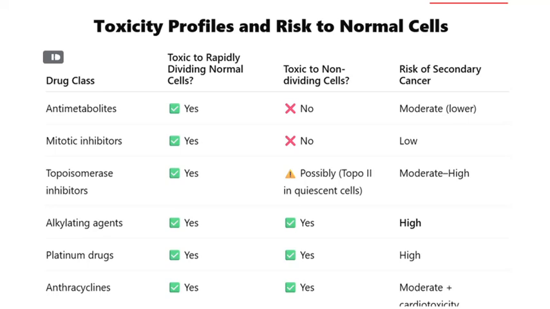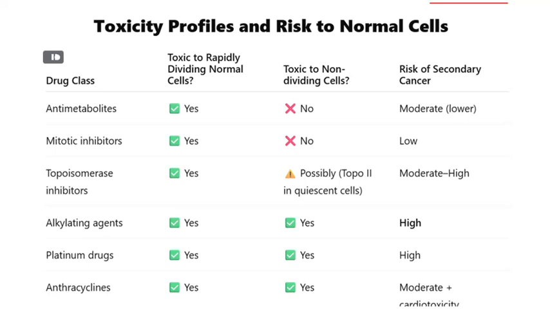But in contrast, cell cycle non-specific agents such as alkylating agents, platinum-based drugs, and anthracyclines pose a higher risk of systemic and long-term toxicity, including DNA damage in non-tumor cells.